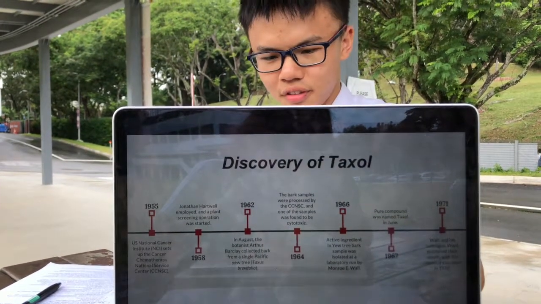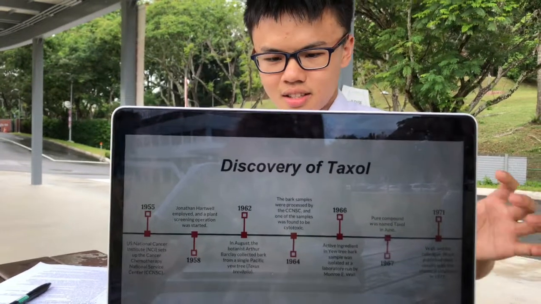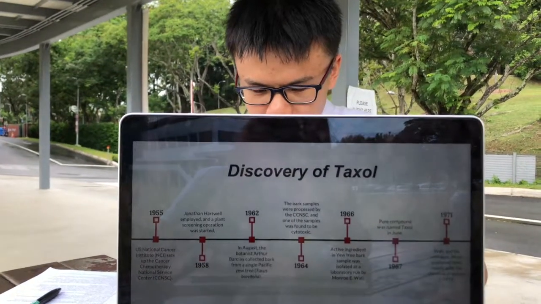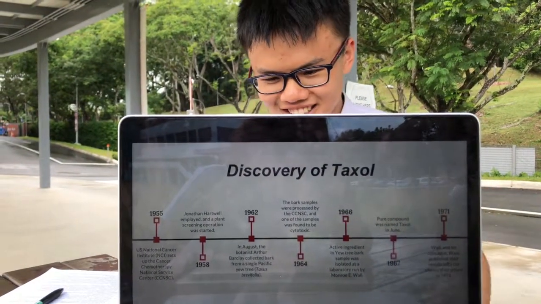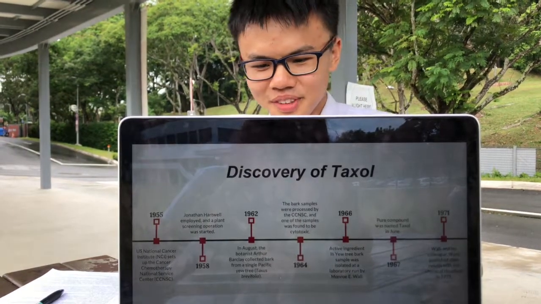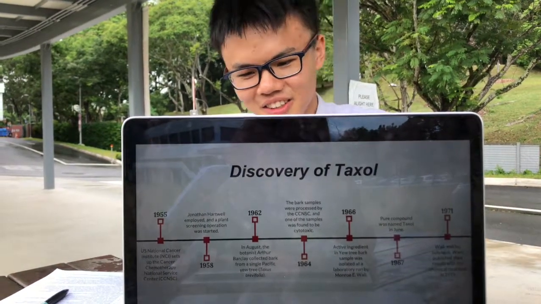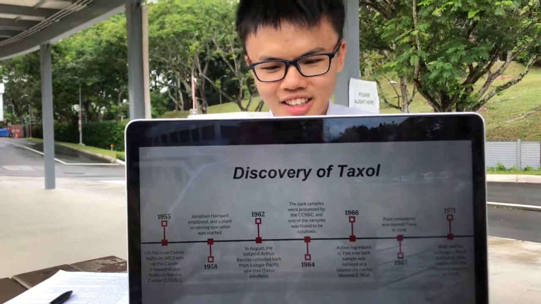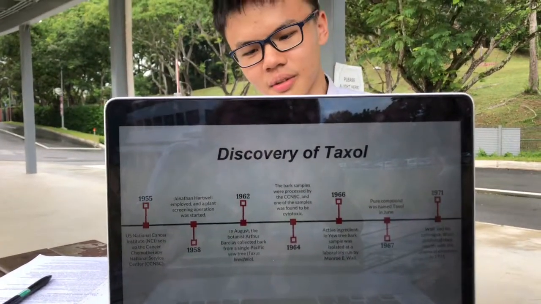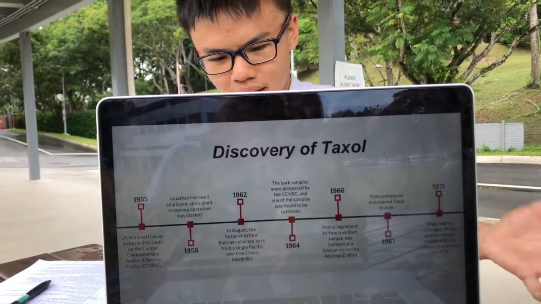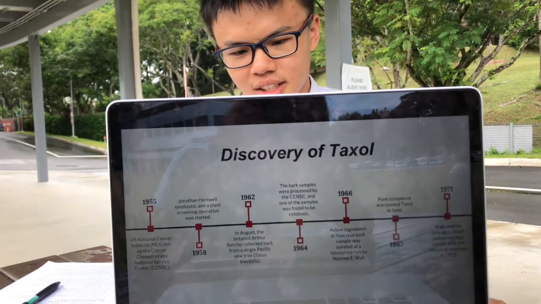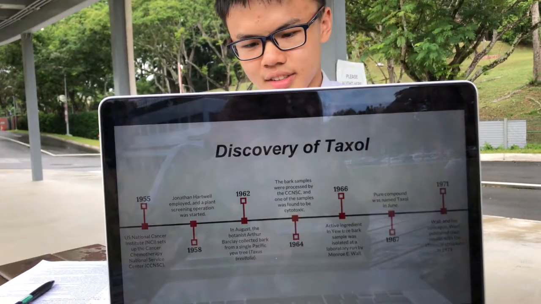In 1964, they found that these samples contain some elements that are useful and cytotoxic. Later, they identified the active ingredient in these bark samples and named it Taxol in 1967.